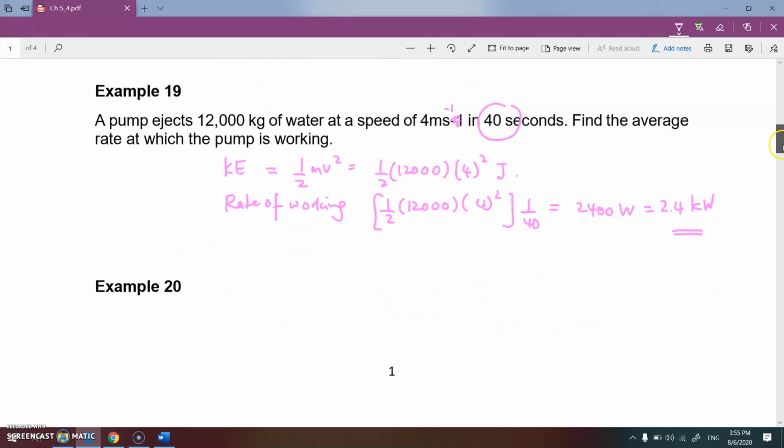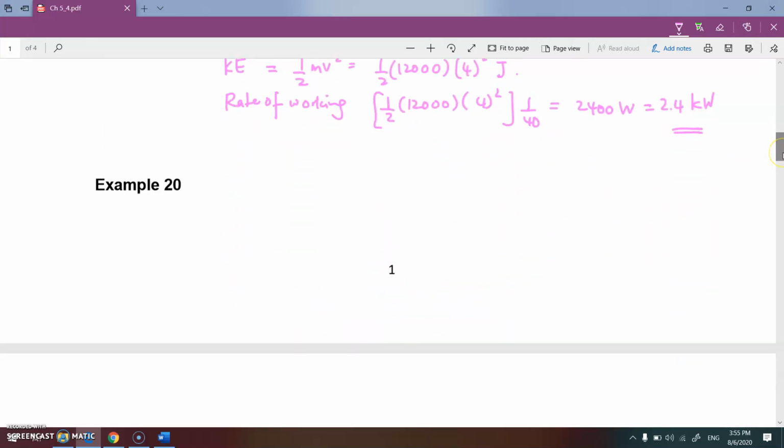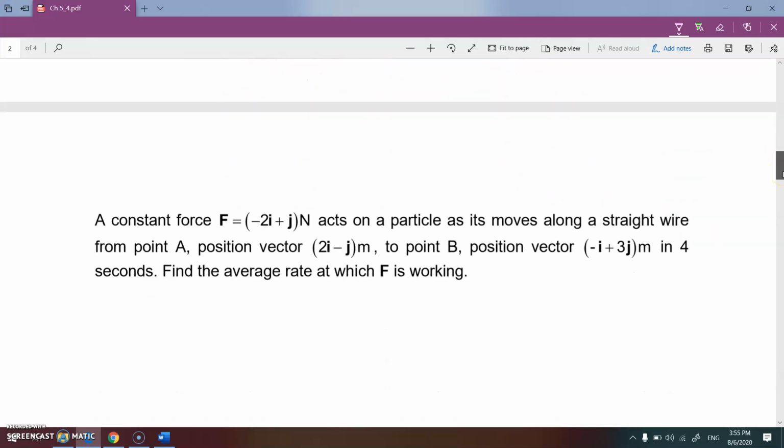And then for example 20, a constant force acts on a particle as it moves along a straight wire from point A, position vector i minus j meters, to point B. Okay, for any information, you can draw the axes to visualize what information is given.